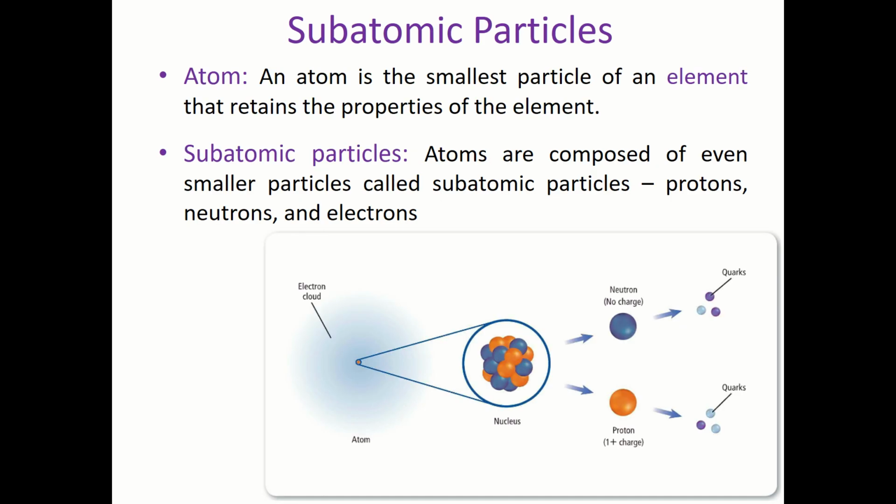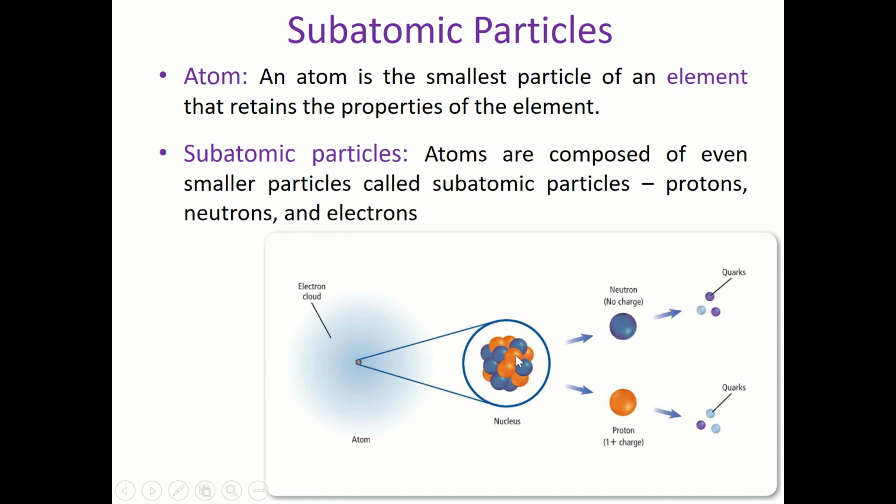Now let's look at the atom. As all of us know, the atom is the smallest particle of an element that retains the properties of the element. So that's the smallest part, and it keeps the same properties of the element.